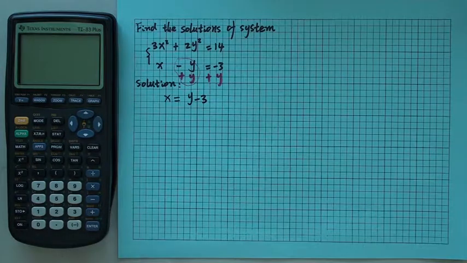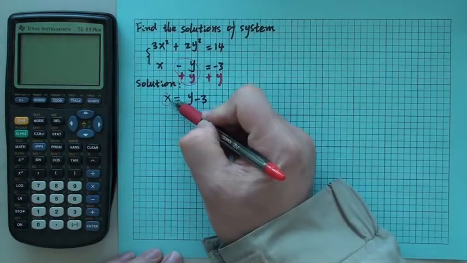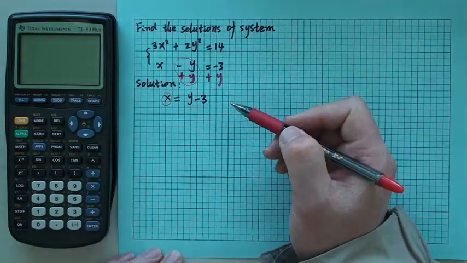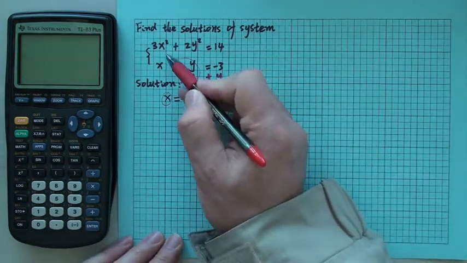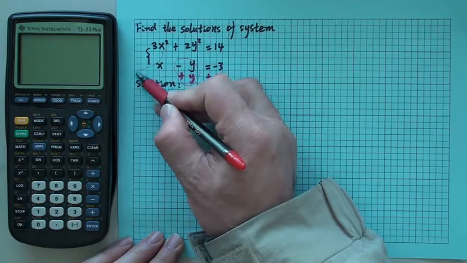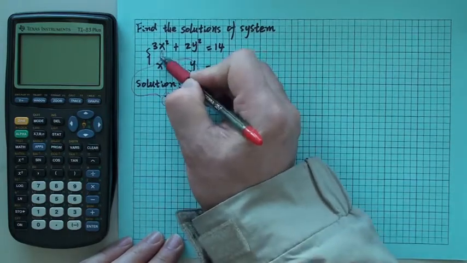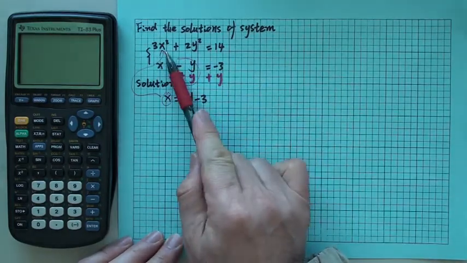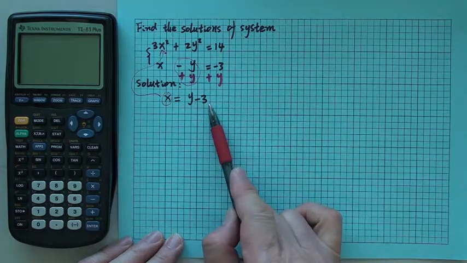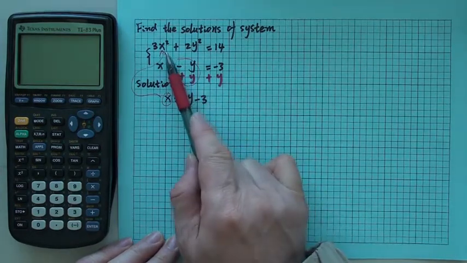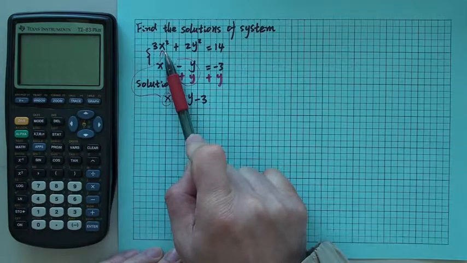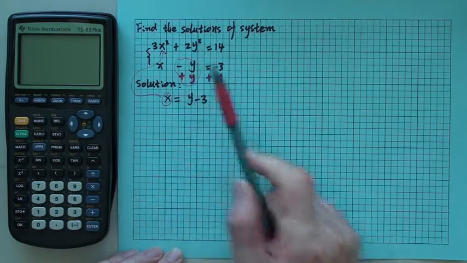Since we have x equals y minus 3, we can replace this x with y minus 3, then the upstairs only contains the variable y.